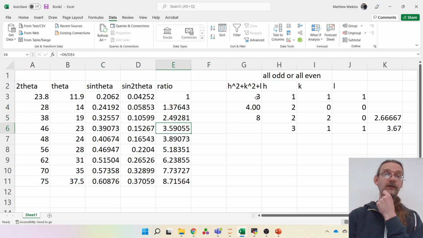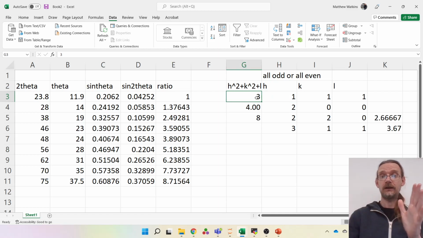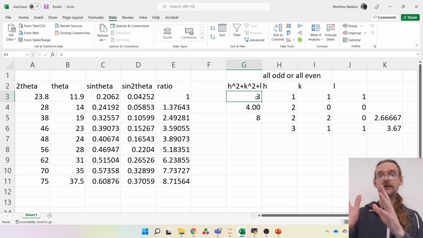As far as this fitting process is concerned, both the primitive and the BCC should give you integers. For primitive, the first allowed line is 1, so each of the other values is an integer divided by 1.